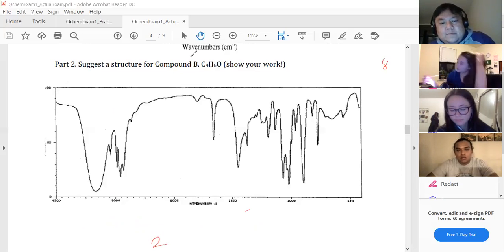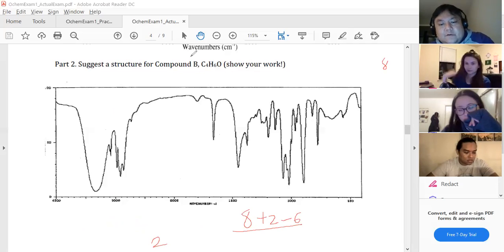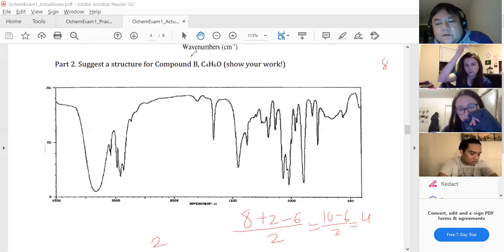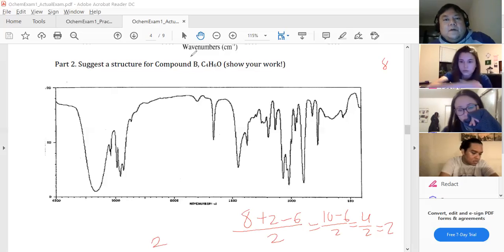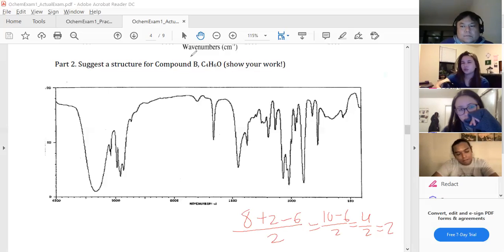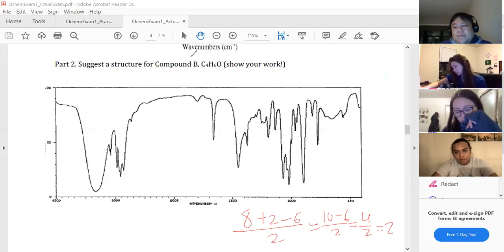So 8 plus 2 minus 6 over 2 equals 10 minus 6 over 2 equals 4 over 2 equals 2. So what does that mean for our problem? We have 2 what? 2 double bonds? 2 double bonds, 2 rings, a ring and a double bond. We just have some combination thereof, right?